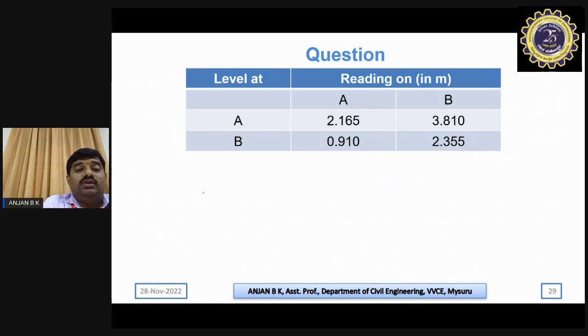if you have to calculate, HA is 2.1, you can say this is HA, HB, HA dash, HB dash.